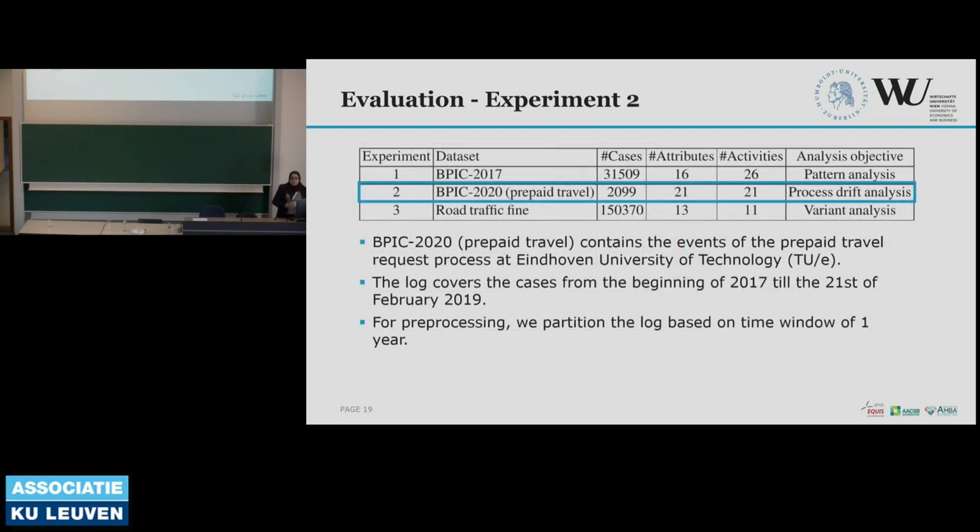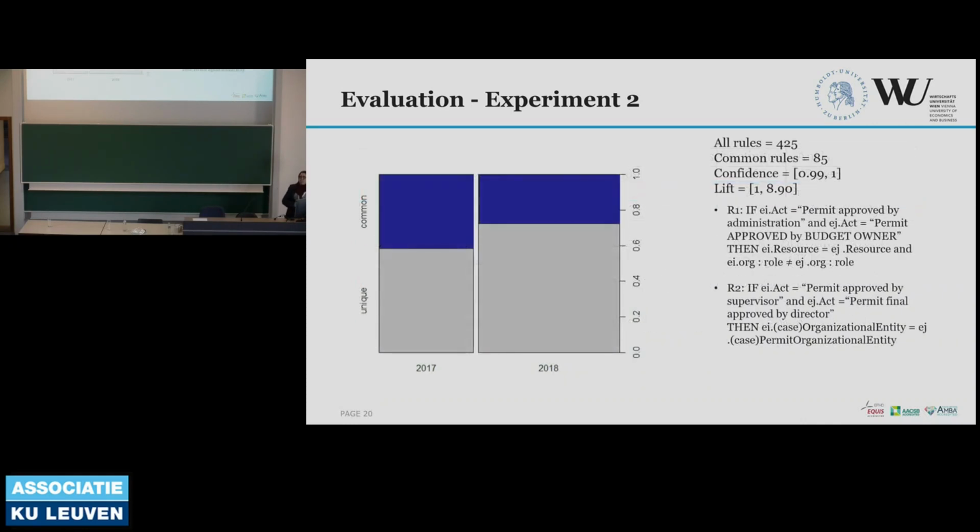The second experiment was basically about process drift over BPI 2020, where we have the log covering cases in 2017 and cases in 2018. Using this, we divided the log in 2 partitions and then we analyzed it. We wanted to find insights if some rules are applied in 2017 and not applied in 2018, and vice versa.